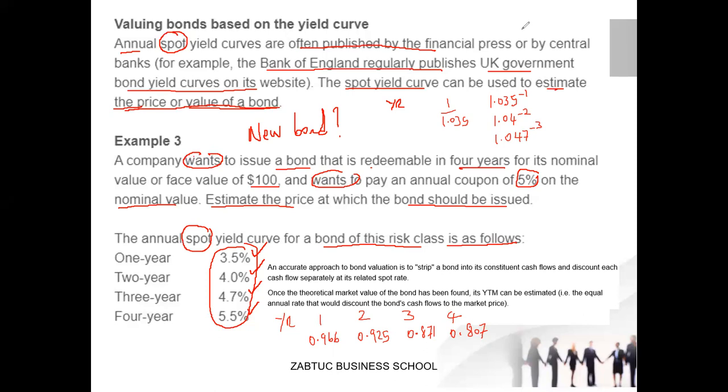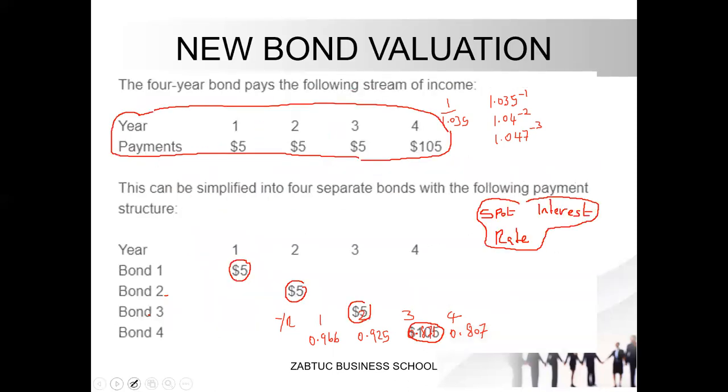All of us find those figures? Yes. Okay. So these are what we are going to use to discount the individual cash flows. Which individual cash flows? These individual cash flows. We are going to discount them.